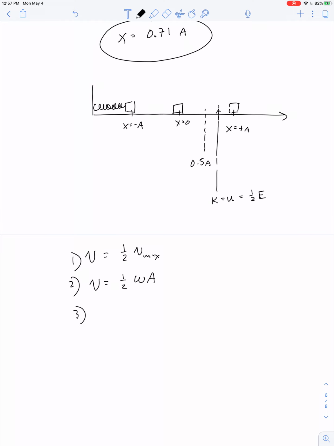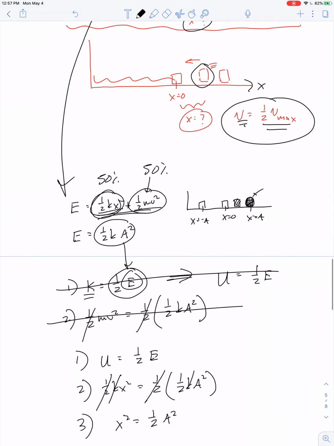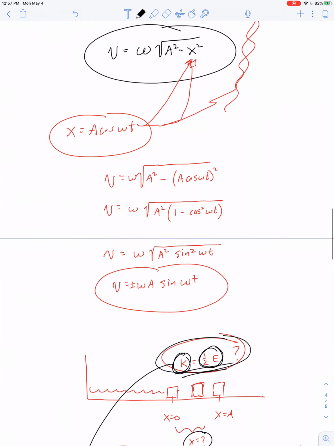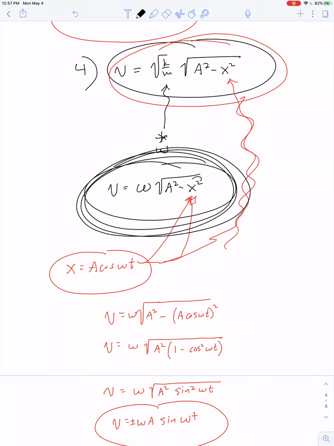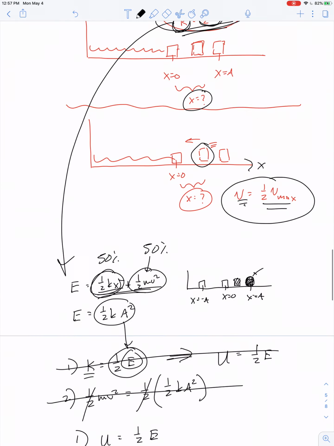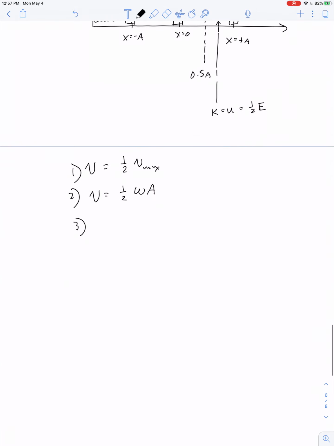Instantaneous velocity, well, that was the point of this derivation we did based on the law of conservation of energy. There it is. The velocity at any instant as a function of position is omega times the square root of a squared minus x squared, and that has to equal 1/2 omega times a. Cancel out the omega, square both sides of the equation.